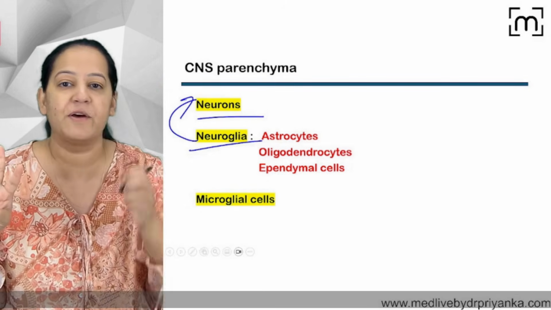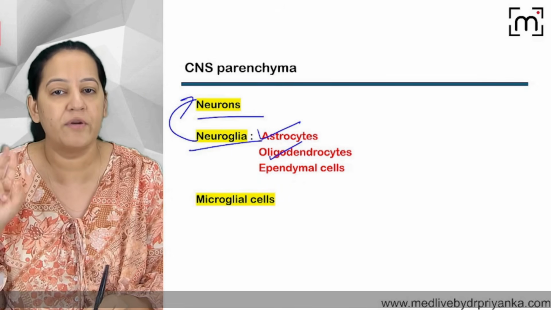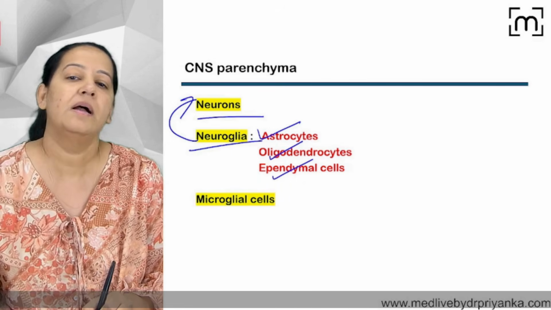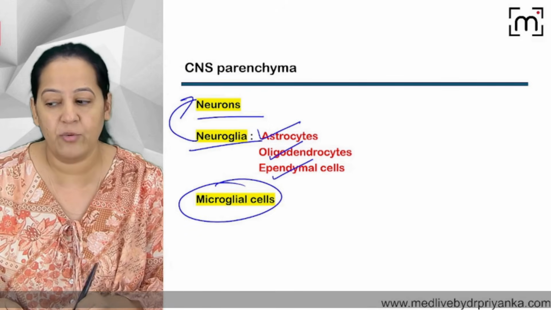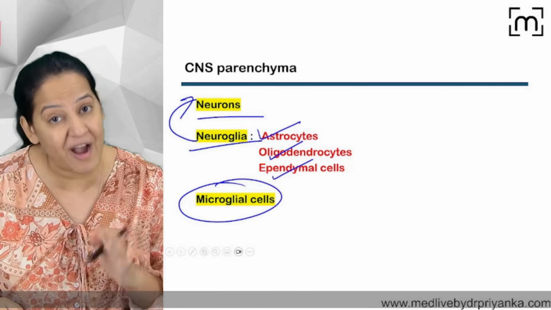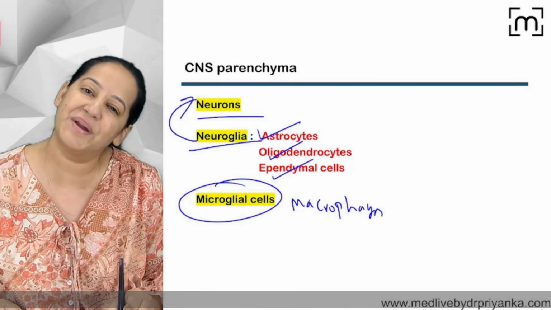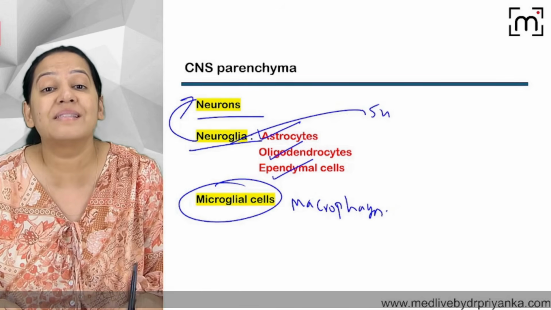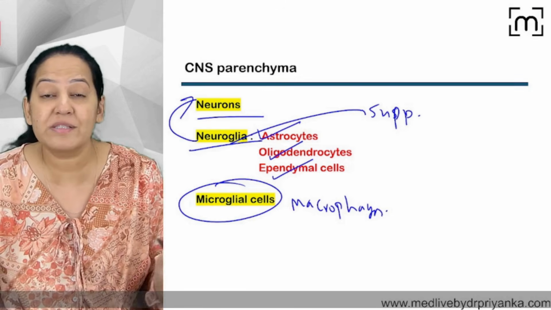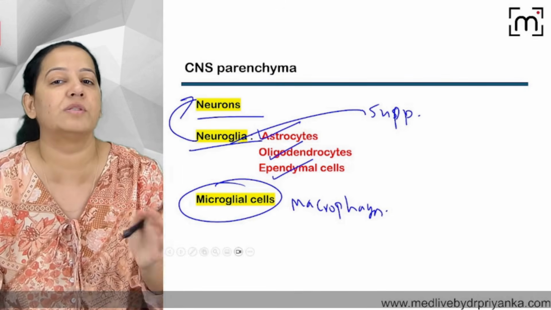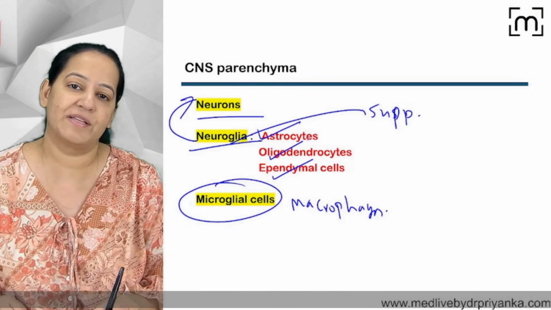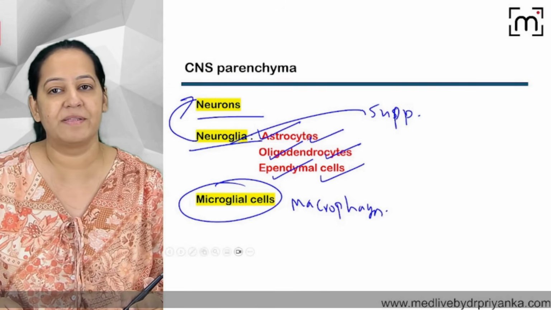There are three types of neuroglia: astrocytes, oligodendrocytes, and ependymal cells. And the third cells are microglial cells. Microglial cells are the macrophages in the brain. Neuroglia do not transmit the signal, but they support the neurons which transmit the signal.